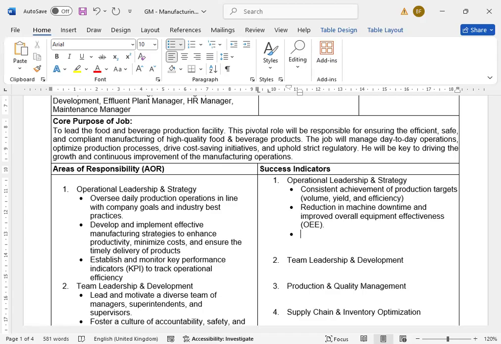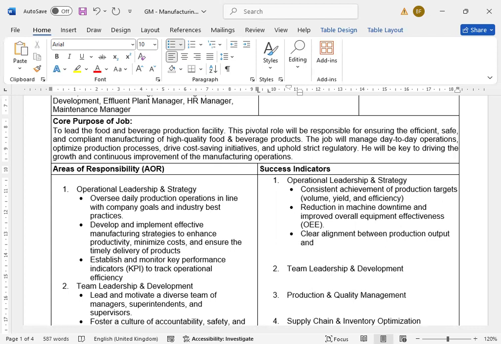So I think I'll add more clear alignment between production output and sales forecast.